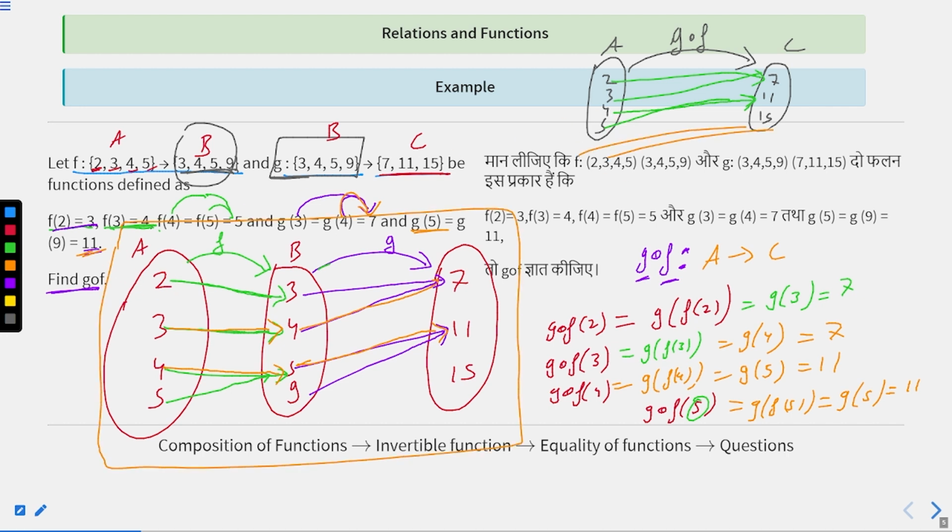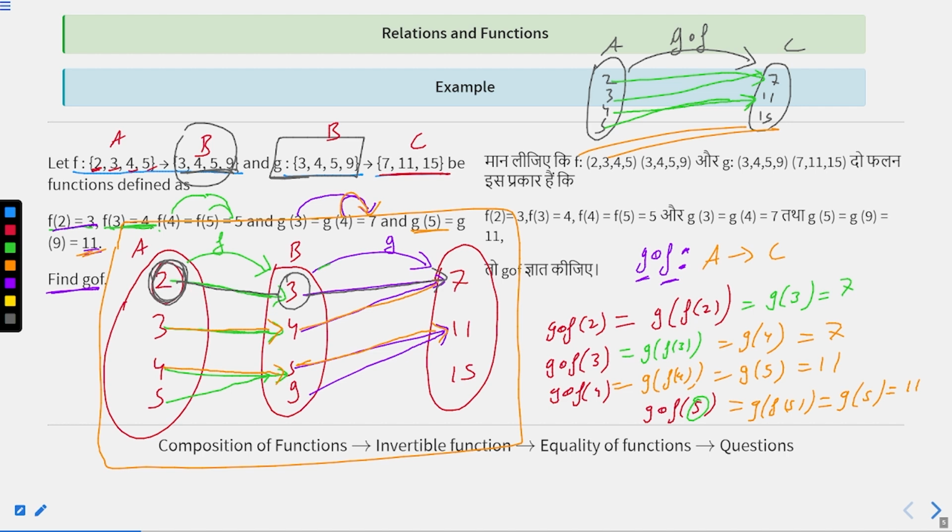Now compare this whole diagram to this simple diagram. So 2 is first of all related to 3, and then 3 is related to 7.